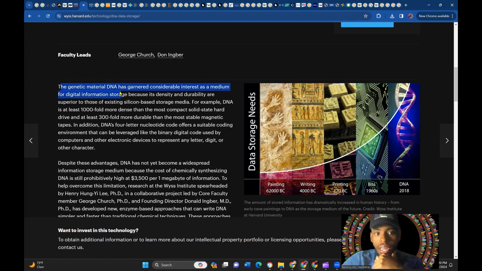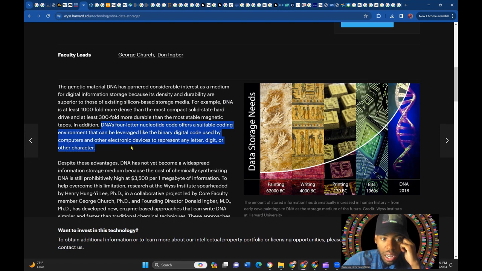Genetic material DNA has garnered considerable interest as a medium for digital information storage, because its density and durability are superior to those of existing silicon-based storage media. DNA is at least 1,000-fold more dense. Damn. So long story short, DNA's four-letter nucleotide code offers a suitable coding environment that can be leveraged like the binary digital code used by computers and other electronic devices to represent any letter.